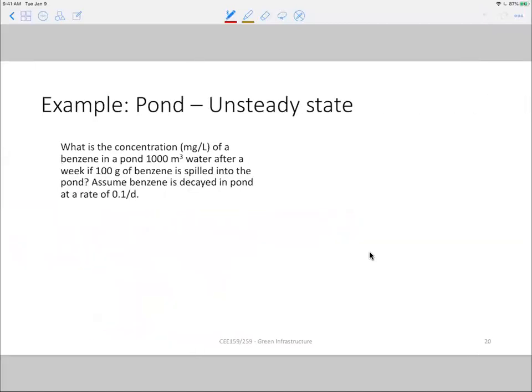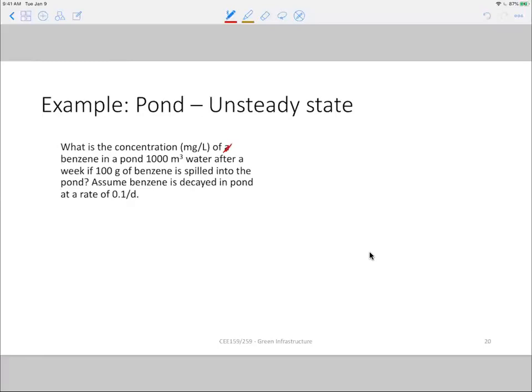The third example is a little bit different because it's not at steady state. What's given here is: what's the concentration of benzene in a pond with volume 1000 meter cube after a week, if 100 gram of benzene is spilled into the pond, assuming benzene decays in the pond at a rate of 0.1 per day.